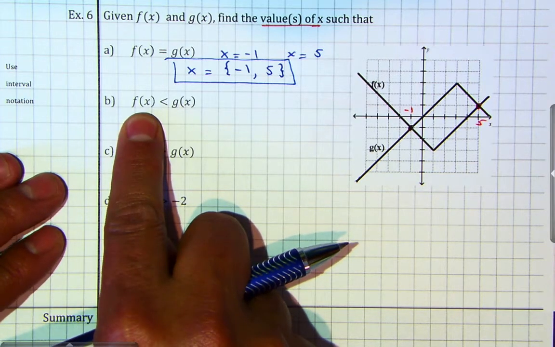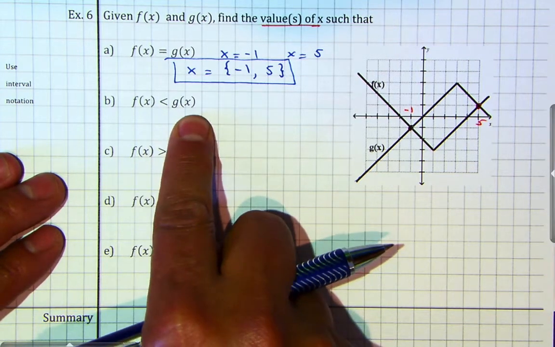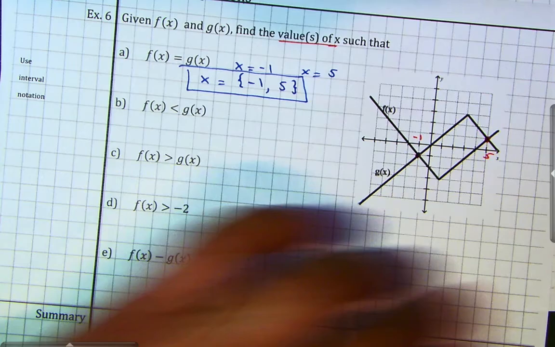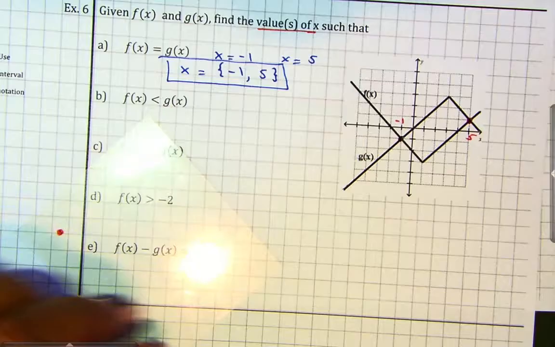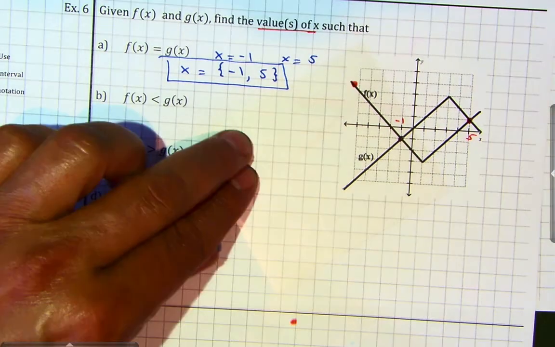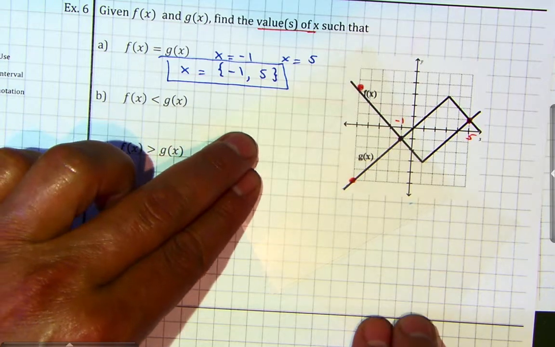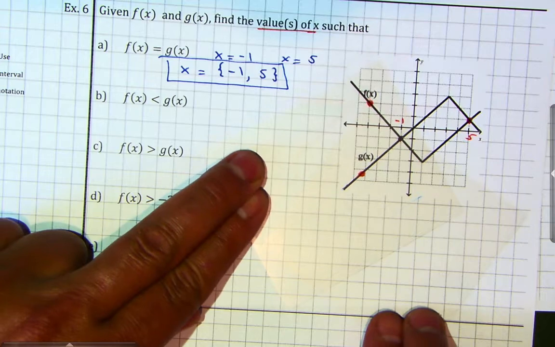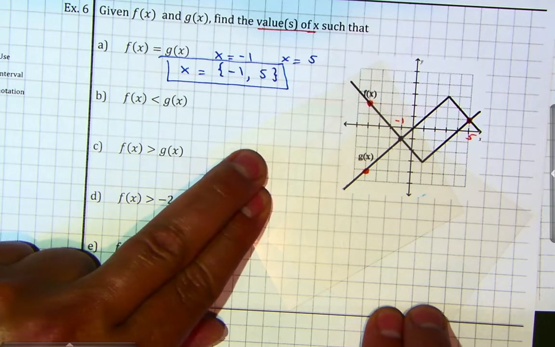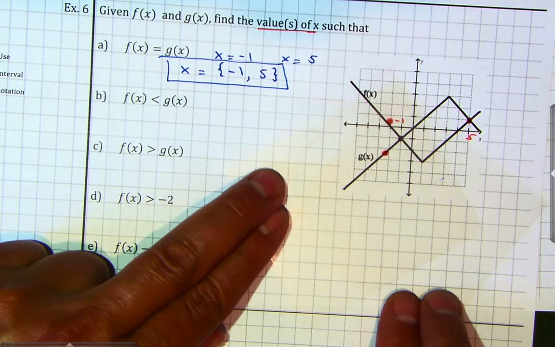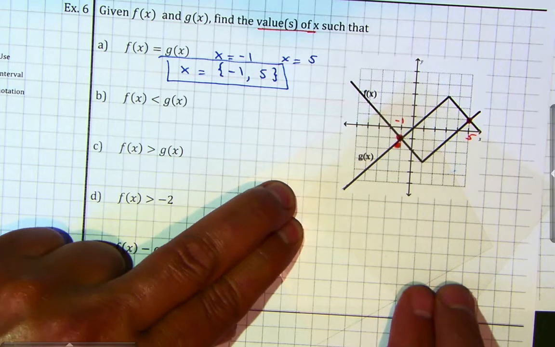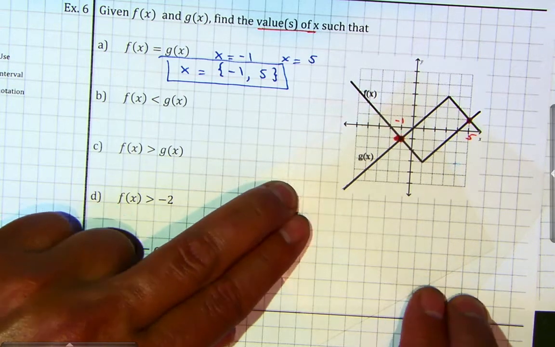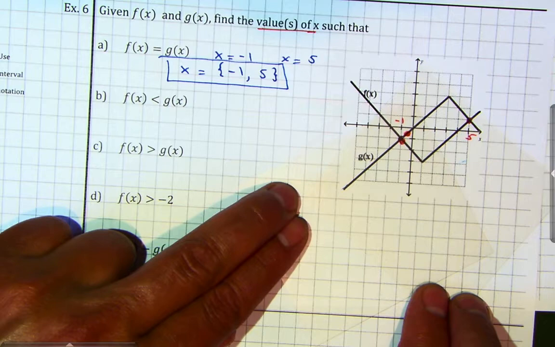When is f of x less than g of x? Well, let's look at the values. We want the f of x to be smaller. Right now, if we start from the left, the f of x is 3, the g of x is -5. F of x is bigger. We want it to be smaller. Here the same. So after here, that's when the g of x becomes bigger and the f of x becomes smaller.